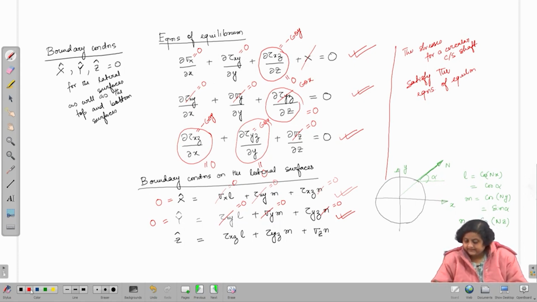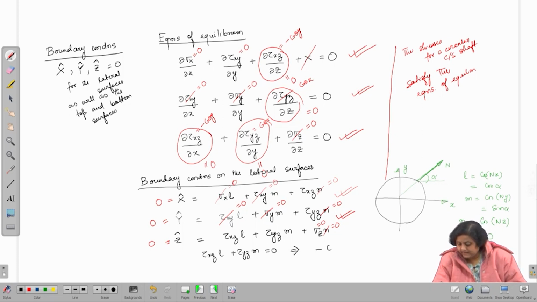Now, out of this, n is equal to 0 as well as sigma z is equal to 0. So, what we are left with is that tau x z into L plus tau y z into m has to be equal to 0. Now, let me write down the expression for tau x z.